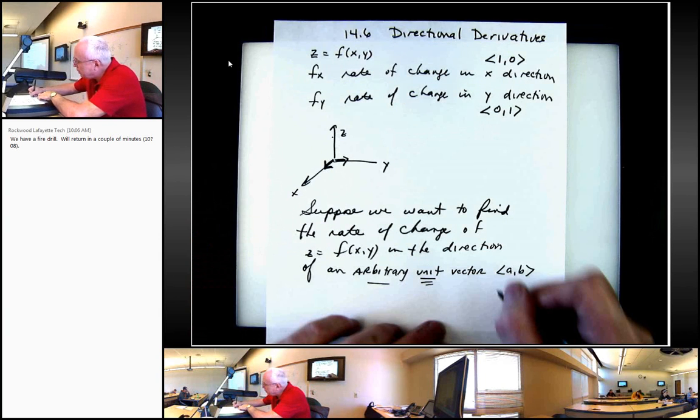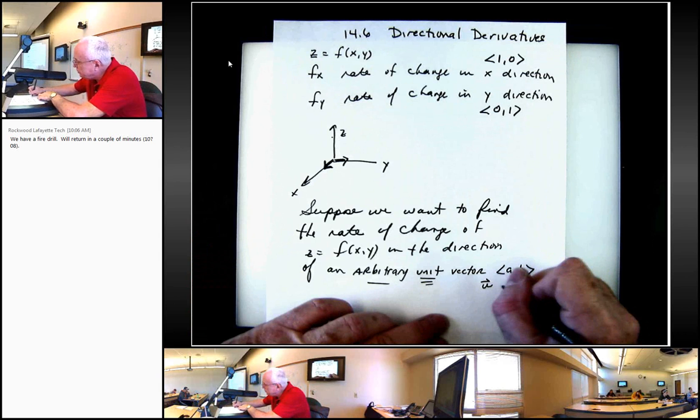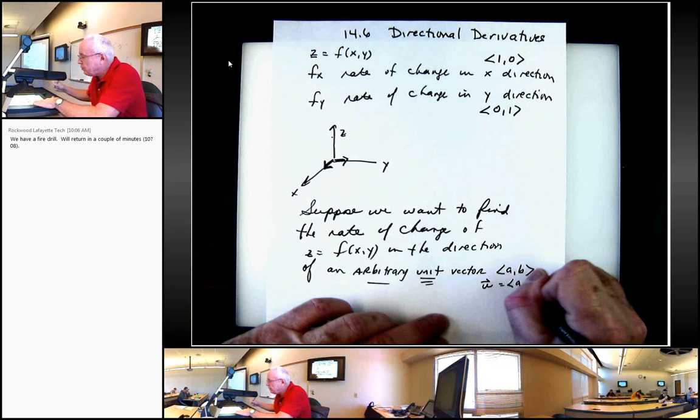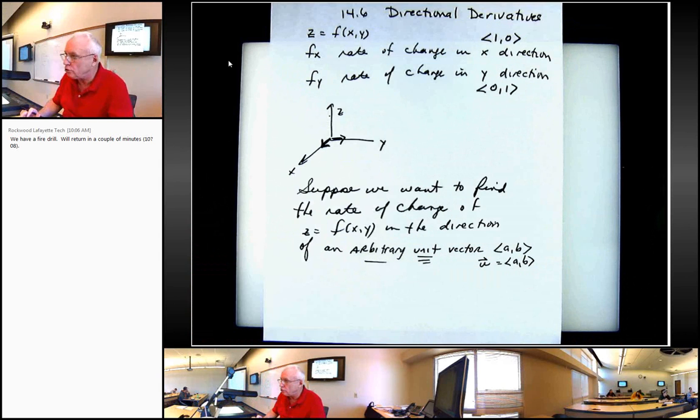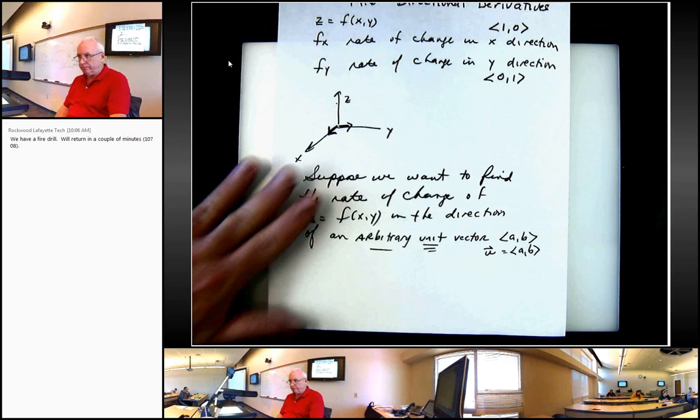Let's call that u equals <a, b>, because I want to emphasize that in the book they talk strictly about unit vectors for these directional derivatives.